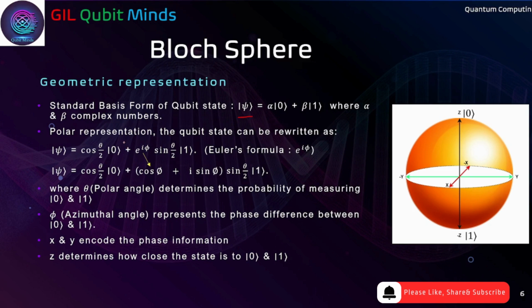Now we are transforming this representation into a polar representation, which means we are changing into geometry angles. Theta is the polar angle.